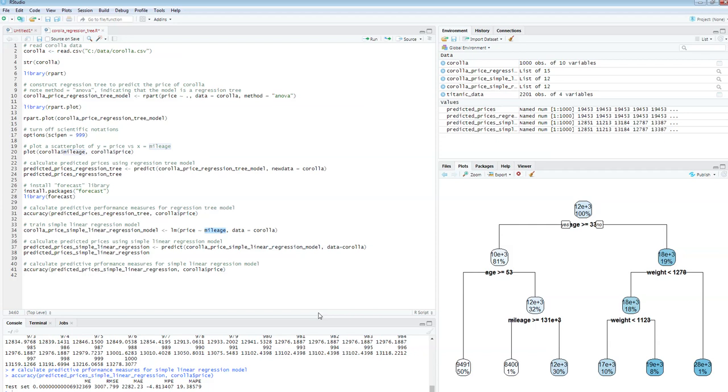Mileage may be the best single predictor, but it's not the only predictor. So what we can do is add more variables, thereby making the model more detailed. And as the model gets more detailed, it can follow the data more closely. So my hope is that if I add more predictors to the model, its accuracy will be higher. And that's what I'm going to take a look at in the next video.